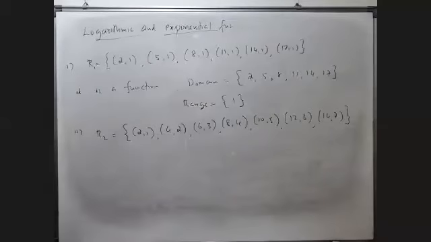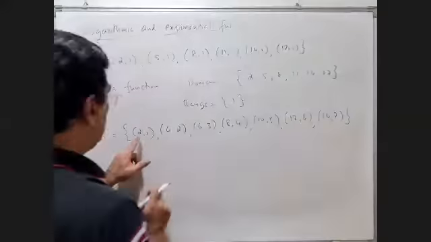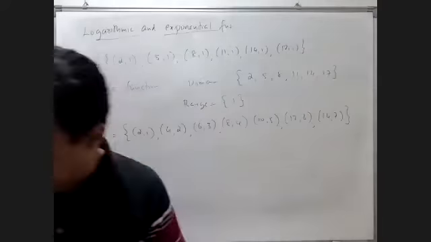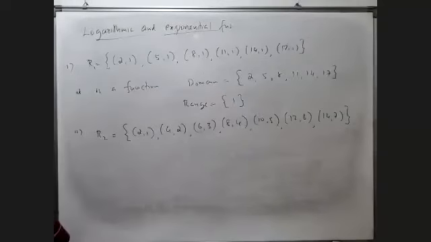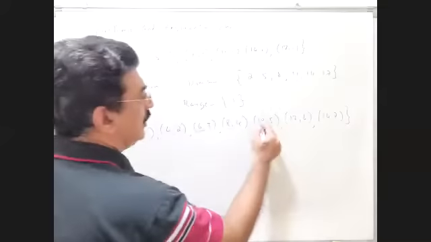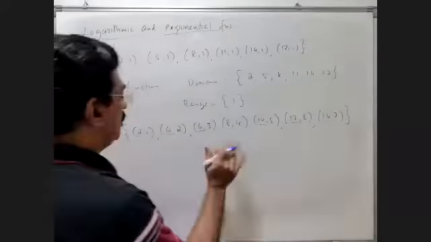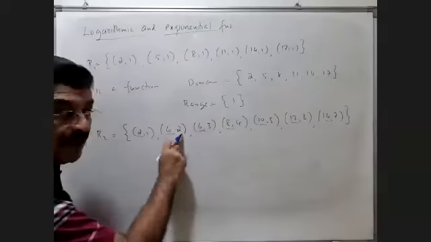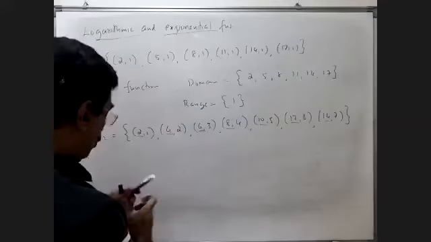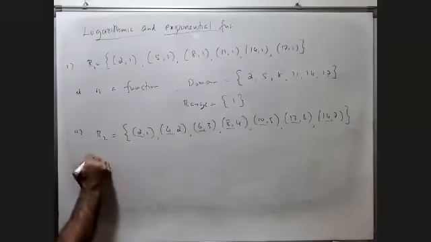Again, is it a function? Check whether x values are repeated. x values are 2, 4, 6, 8, 10, 12, 14. Even if 5 comes again, that is a y value. Therefore, x values are not repeated. So it is a function.